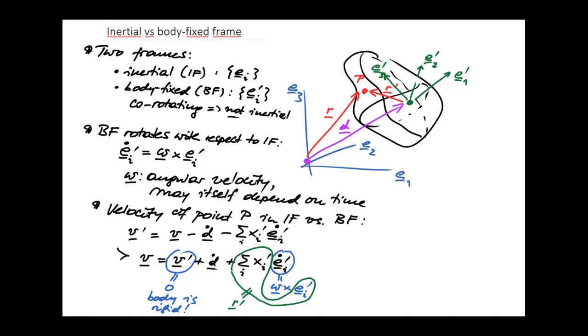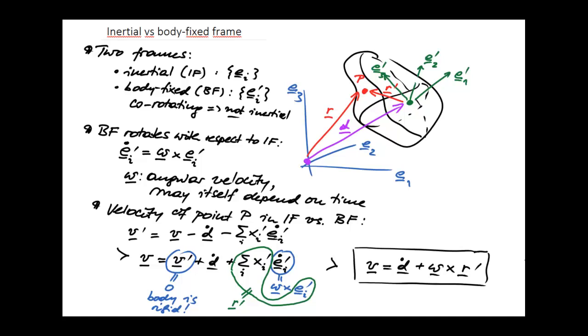So at the end of the day, we can write v, the velocity of point P in the inertial frame, as d dot plus omega vector product with r prime. Let me give this equation a number 1, because we are going to need it later on.